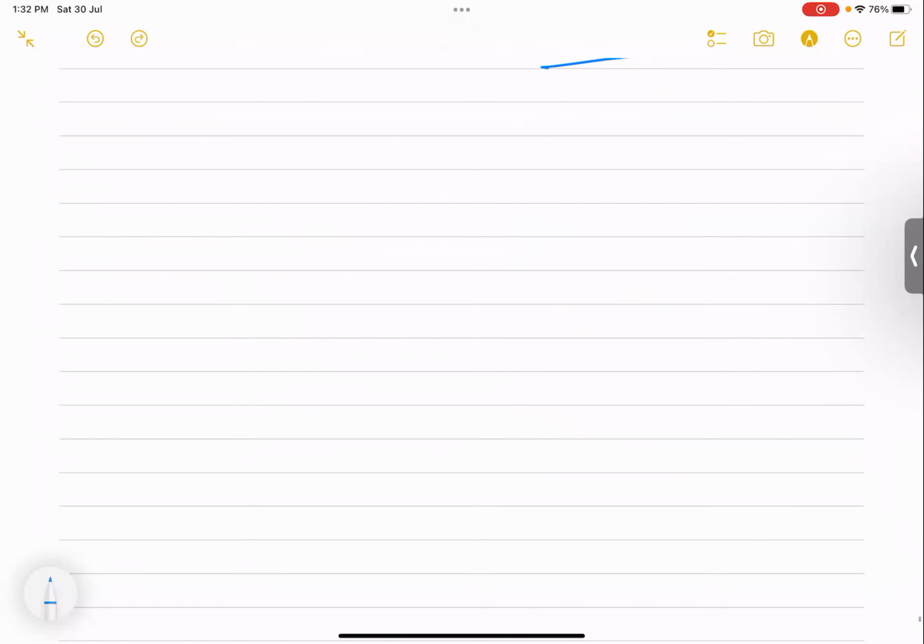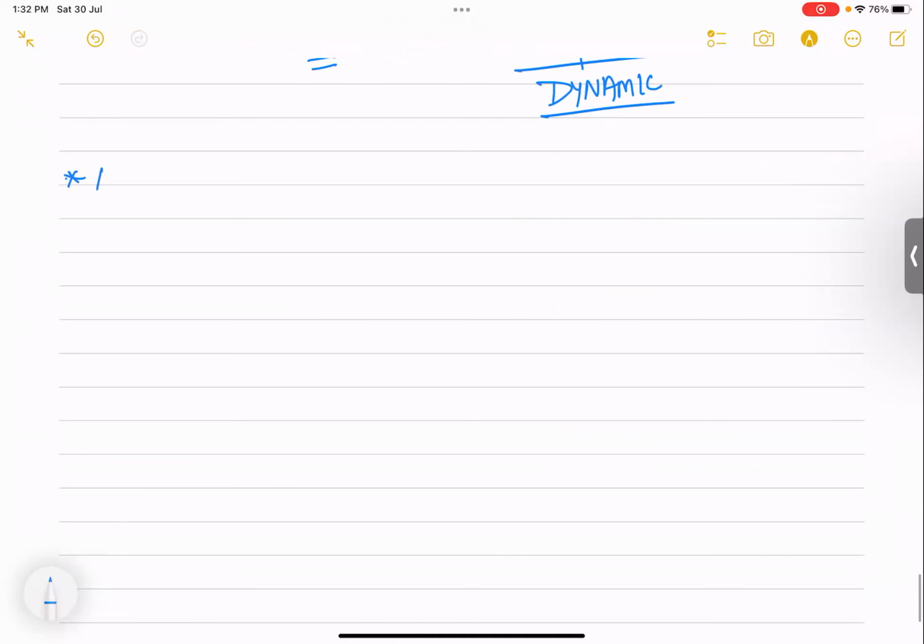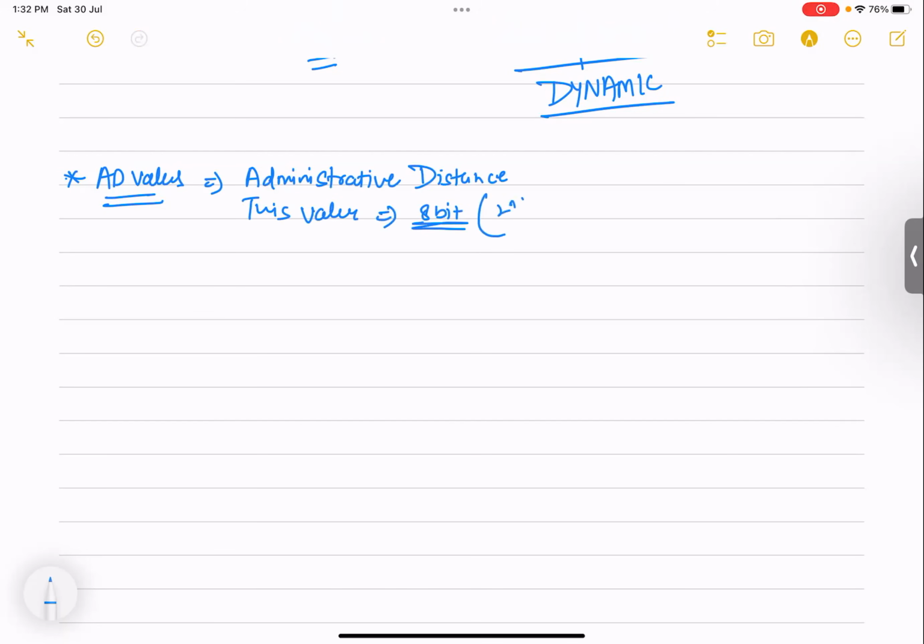Before learning routing, this must be clear. We are getting AD values. AD means administrative distance. This value is how many bits? 8 bit. With the formula 2 power 8, the AD value gives 256, so it goes from 0 to 255.